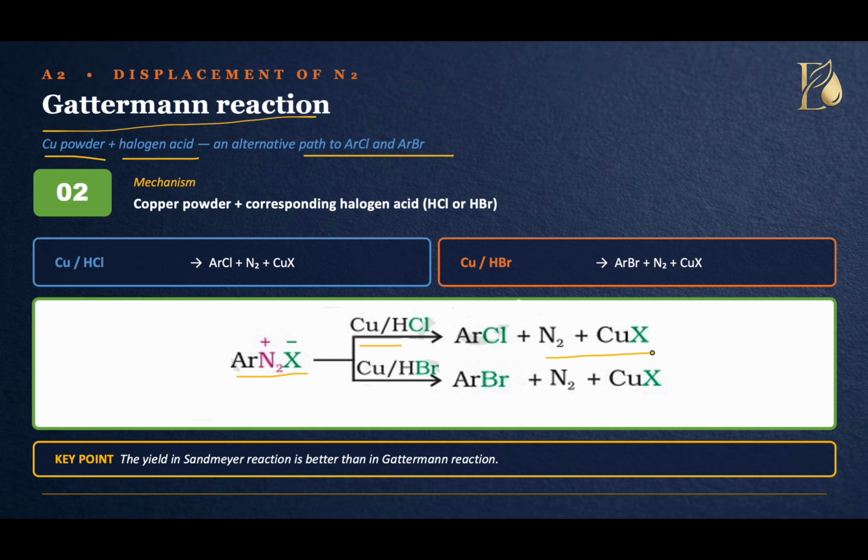The same reaction can be done using copper and HBr to get the bromine substituted aromatic compounds. And one point is that the yield in Sandmeyer's reaction is better than Gattermann reaction. So in most of the reactions, Sandmeyer's reaction is preferred.